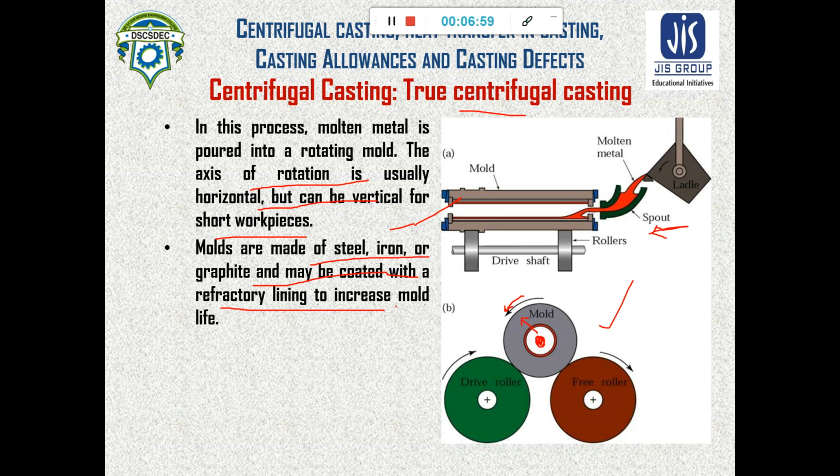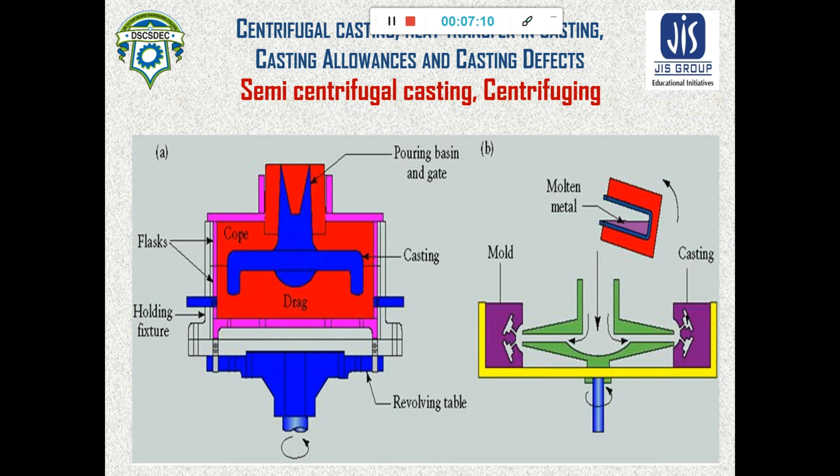Refractory means it can withstand high temperature. Now in case of semi-centrifugal casting and centrifuging, this picture A is the semi-centrifugal casting. In case of semi-centrifugal casting, what happens? The molten metal is poured from here.